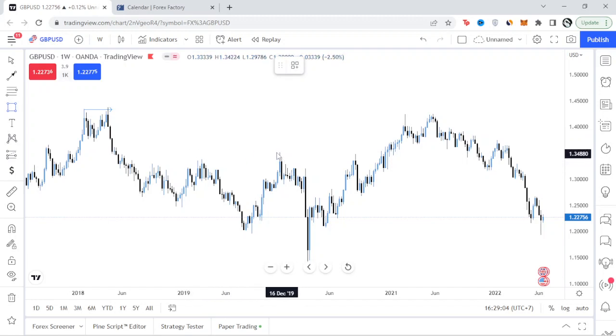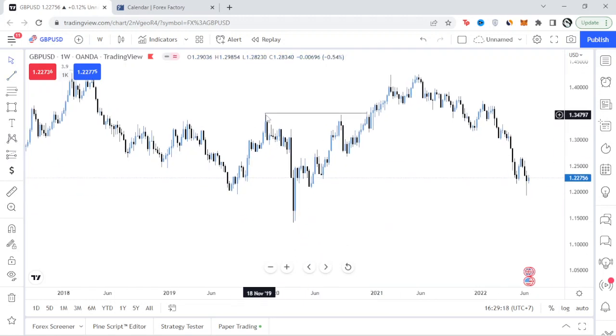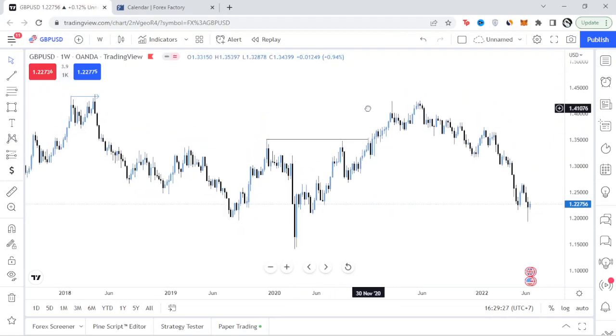We've been in this range for as long as we can, till we broke. And I'm sure it took longer to fall than to take it higher, basically.